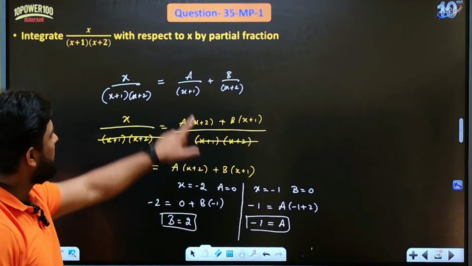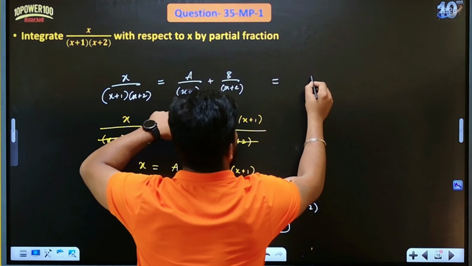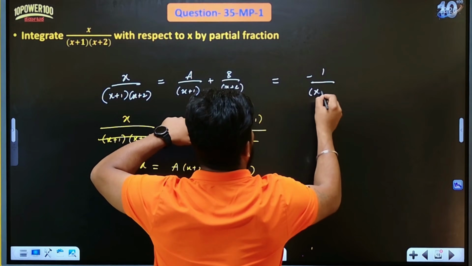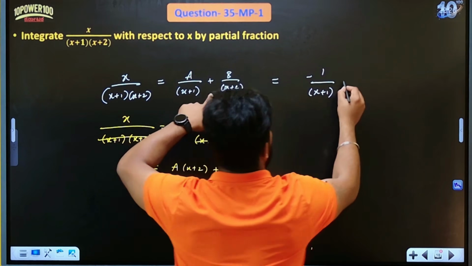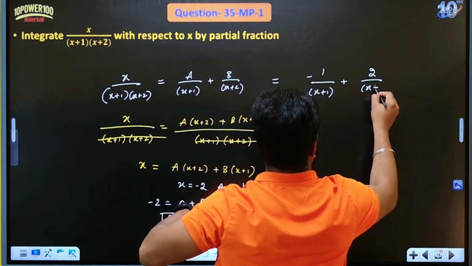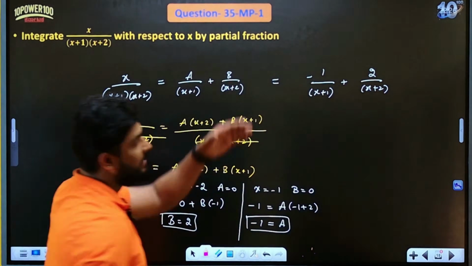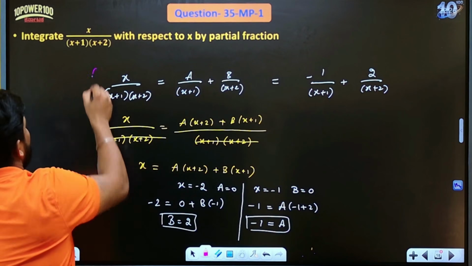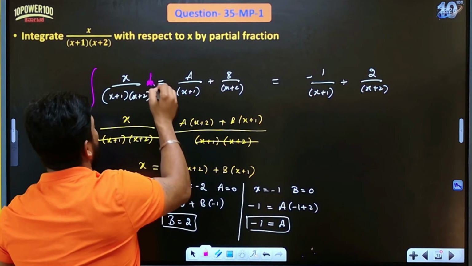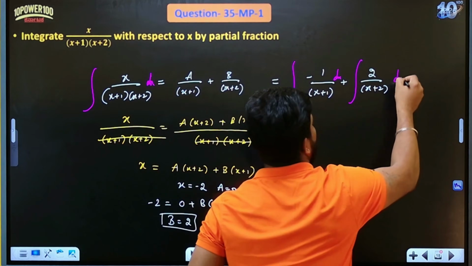Okay? So that's it. Now we will substitute. What can we write? A is minus 1, right? So it is minus 1 divided by x plus 1, plus b, that is 2, so 2 divided by x plus 2. See, now you have to write this as one step, and after this write another step: integration of this with dx.